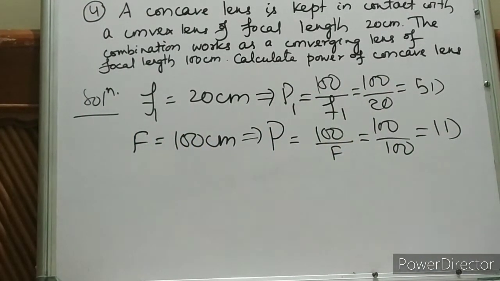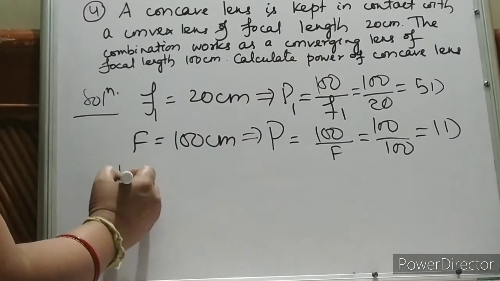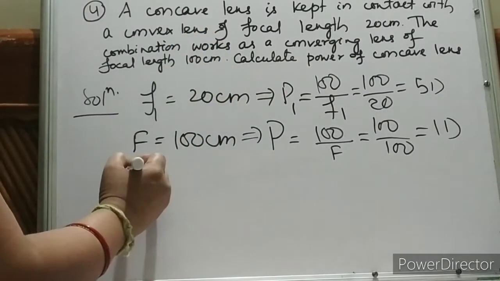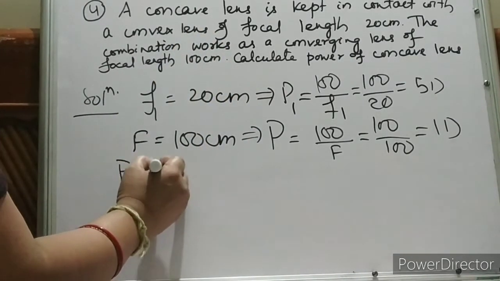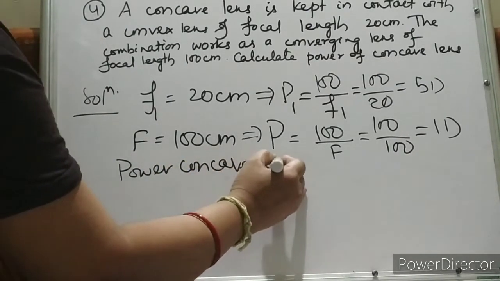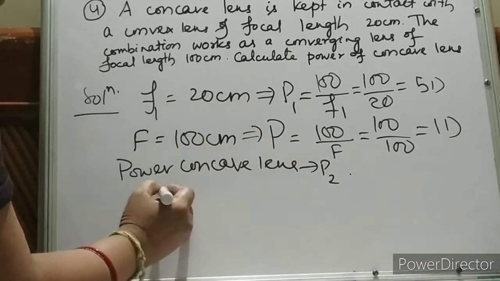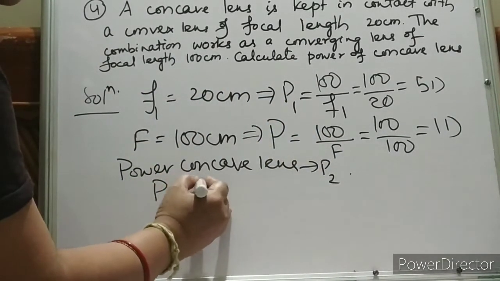What you have to find out? You have to find out the power of the concave lens. Let the power of the concave lens be P2. So combined power P is equal to P1 plus P2.